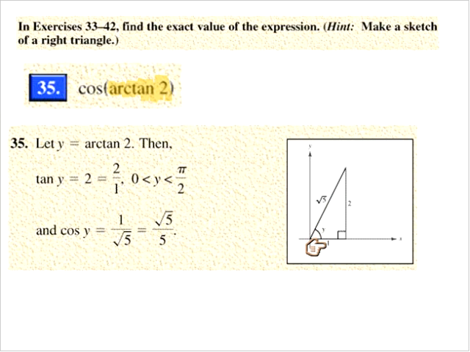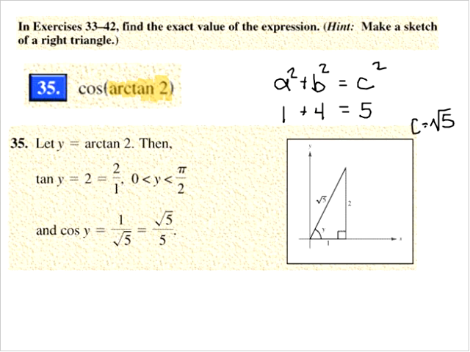Opposite side, adjacent side. You're going to have to use the Pythagorean theorem to find the missing side. So remember, a squared plus b squared equals c squared. So I have 1 plus 4 equals 5. So c is just the square root of 5.